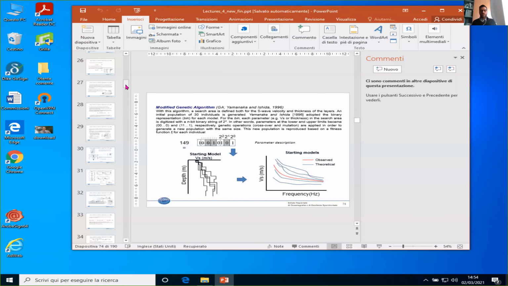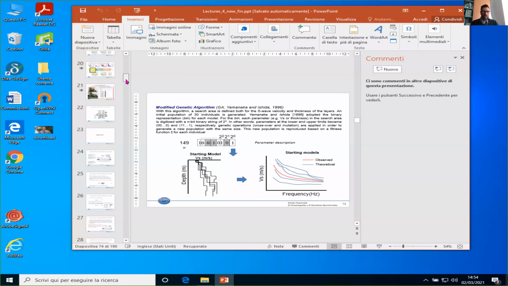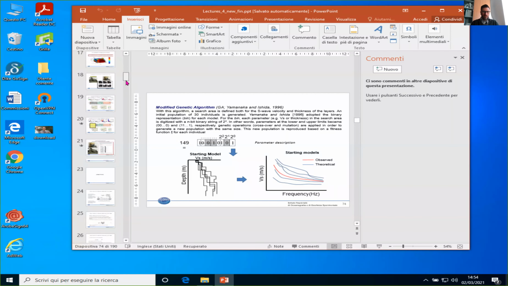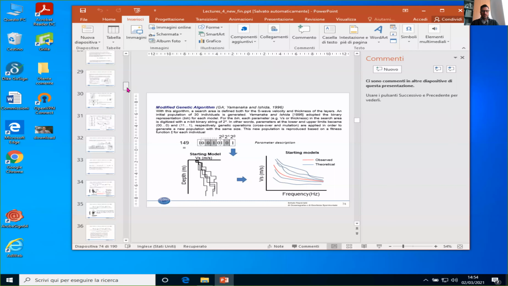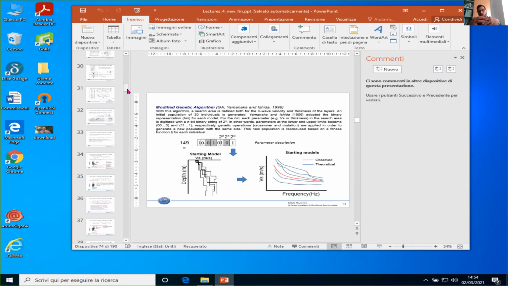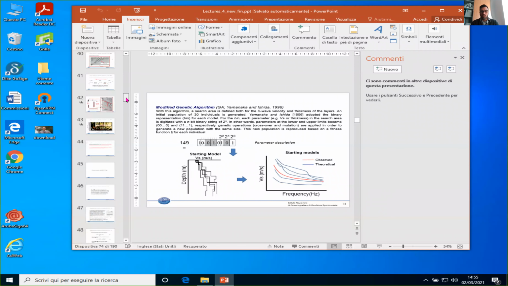In this case, the inversion is done not considering a single mode or different modes, but considering what is called the apparent velocity. So we generate a dispersion curve that is a mixing of modes, and the shape of this curve is based on the energy of the different modes. We weigh the modes by their energy and obtain a curve that mixes the modes all together. That's what is very often done.